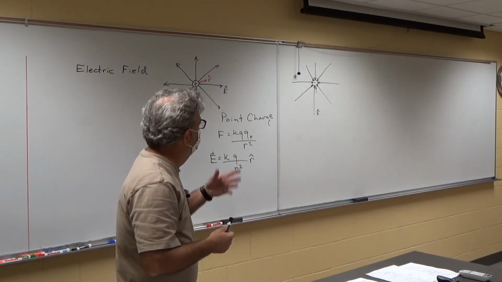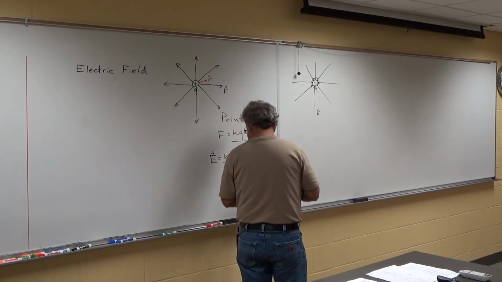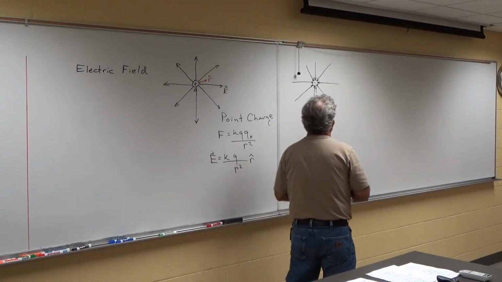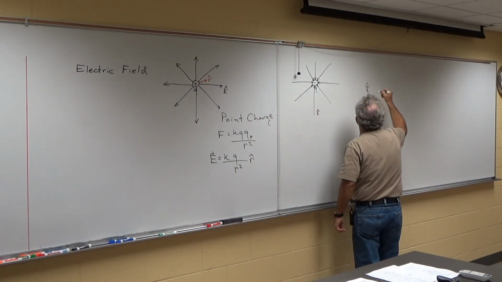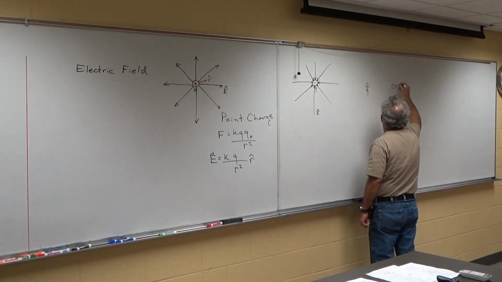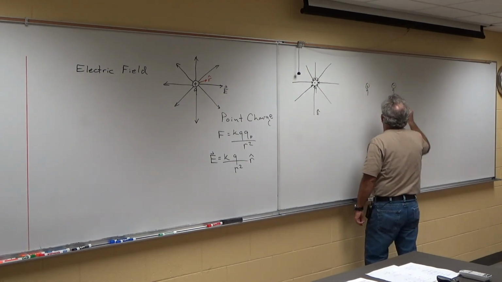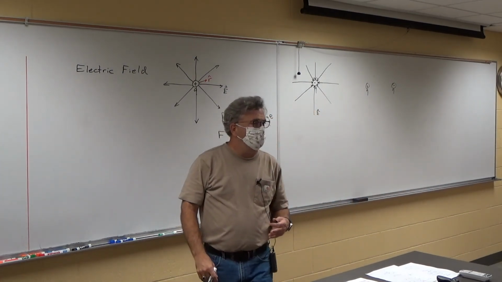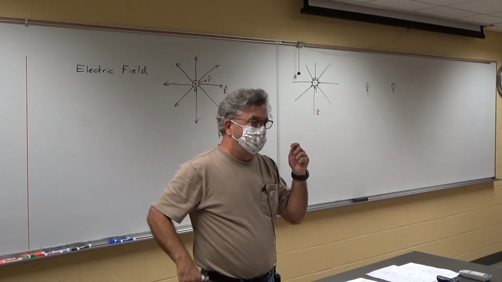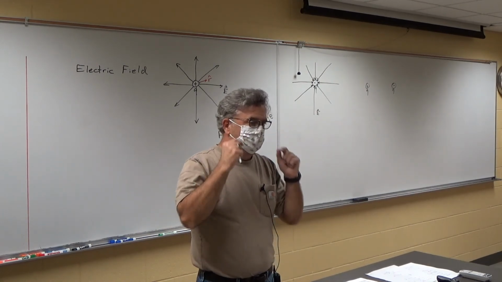So, let's say I have a collection of charge like this. Here's a positive Q and a negative Q. Take the little test charge and I map out the electric field in this region.